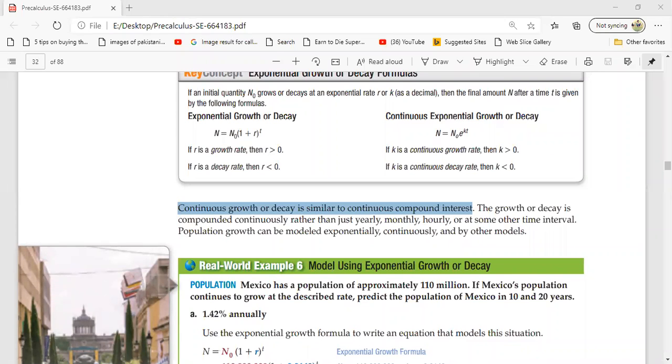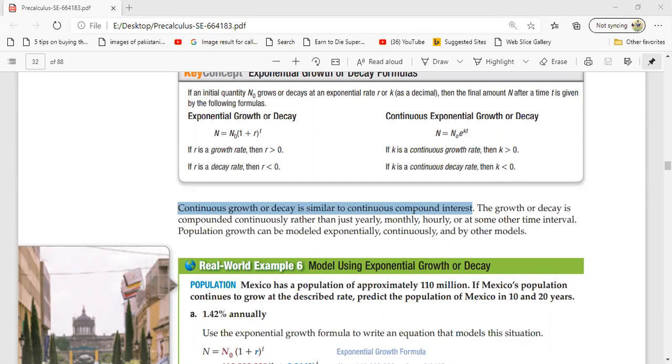Now we have one question. Continuous decay is similar to continuous compound interest. Growth can be continuous rather than yearly, monthly, hourly, or some other time interval. We will now see this using exponential growth or decay.